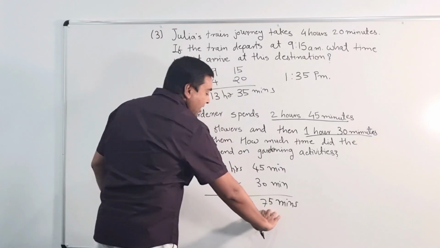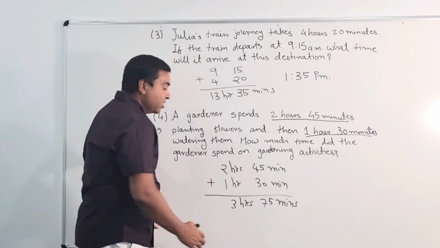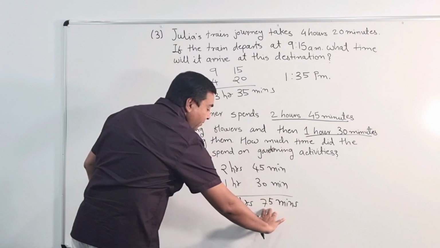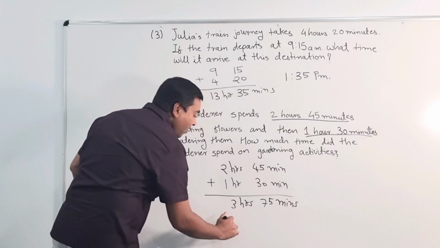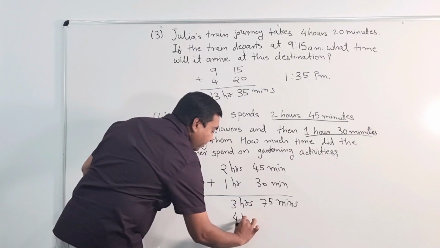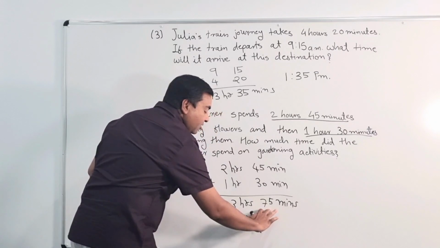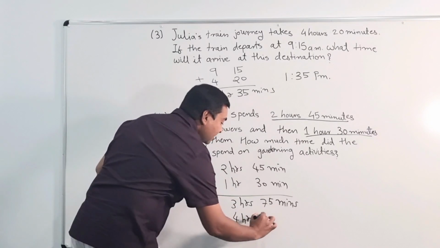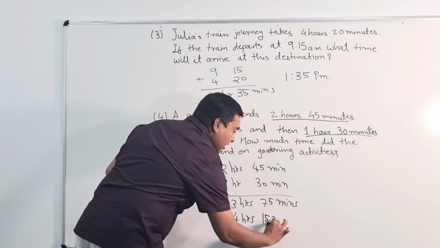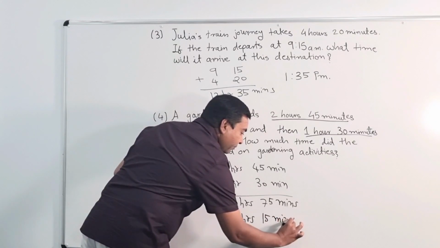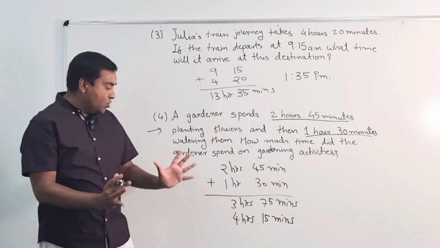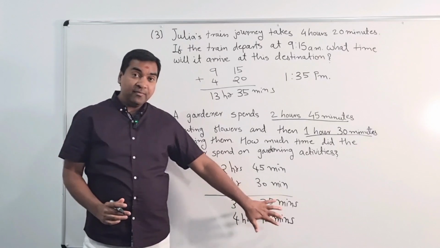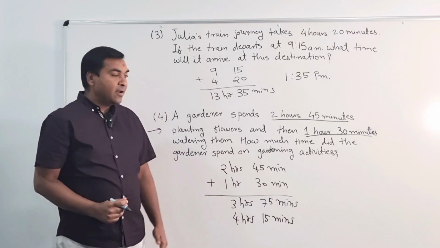Saying 75 minutes doesn't look good. So that's going to be 4 hours, and I'm taking 60 minutes off, so 75 minus 60 is 15 minutes. So the gardener is taking altogether 4 hours and 15 minutes in this gardening activity.